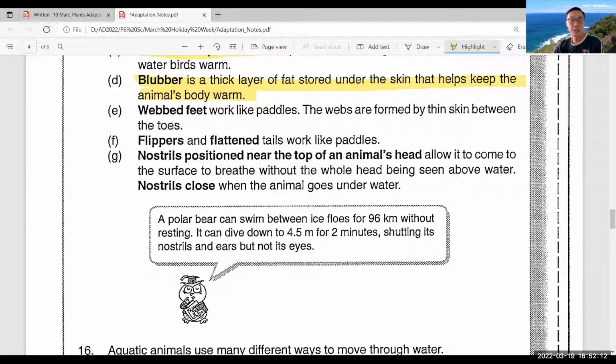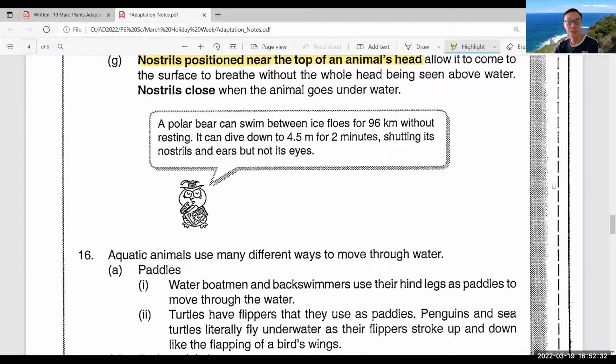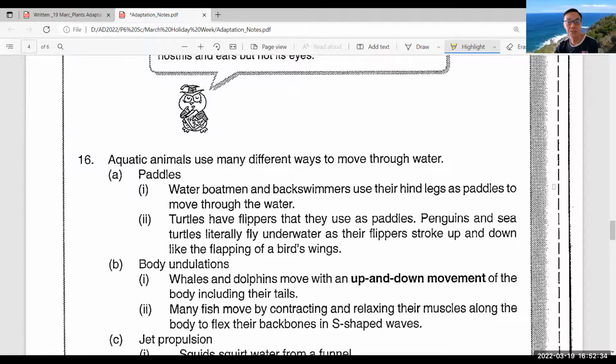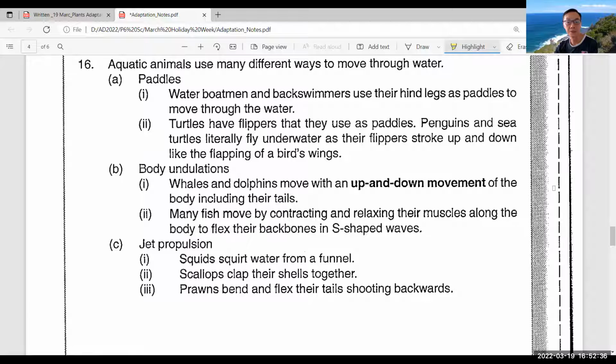Okay, nostrils near the top of an animal's head can refer to the dugong and the whale, because they need not completely surface, only partially surface. They can take in the air from the water level above. So these are structural adaptations. Okay, you can look through this.